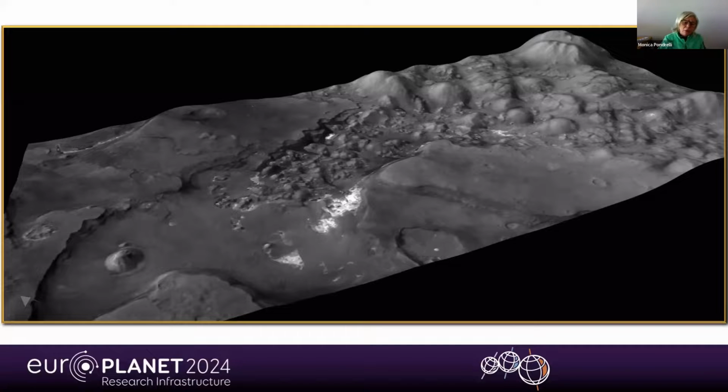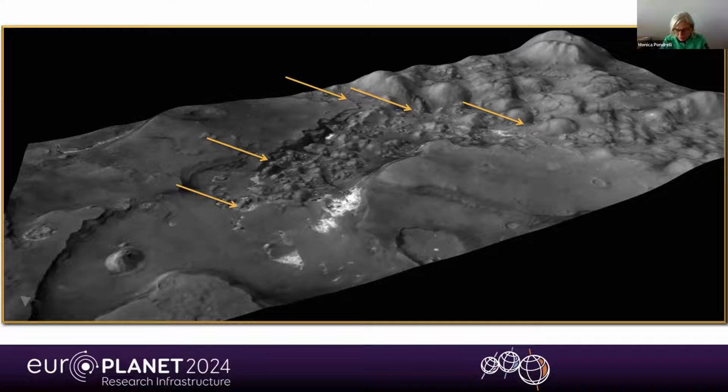This is the perspective view that shows you the same thing. We have these deposits which sometimes cover the knobs, sometimes they just go against them with a stratigraphic facies, so to say, which is called onlap. So we have these beds which go against this inclined surface, which is actually the bounding surface of the knobs.